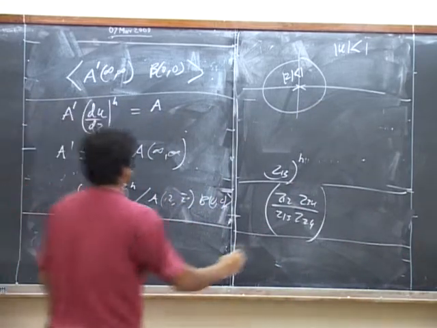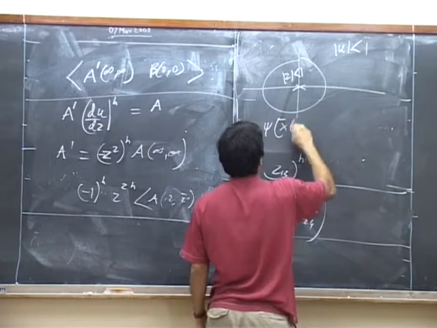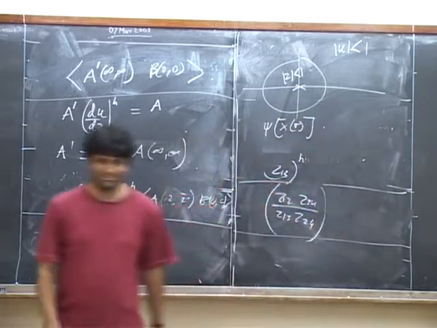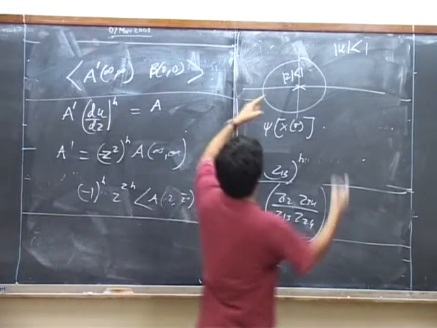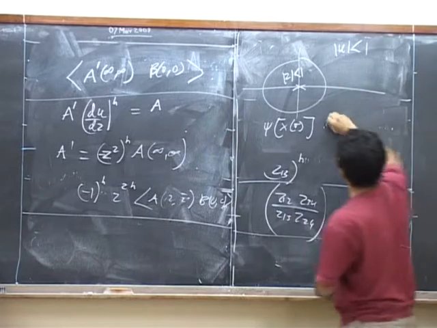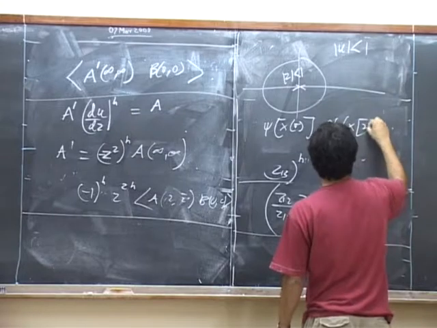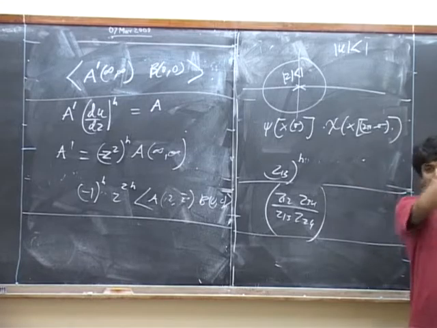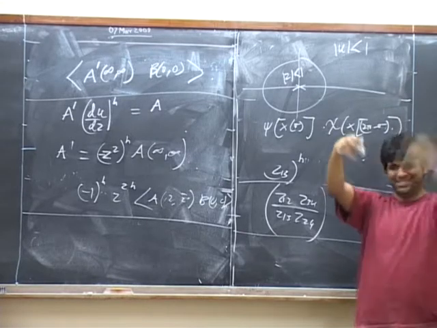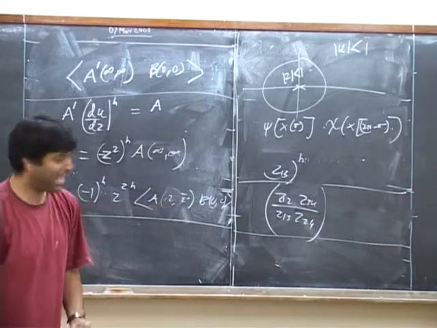So this gives us psi of x of sigma, where x is whatever the fields in the theory are, for the state corresponding to the operator A. Similarly, what we get from the other side is chi of x of 2 pi minus sigma, because the sigma for 1 by z and the sigma for z go in opposite directions.